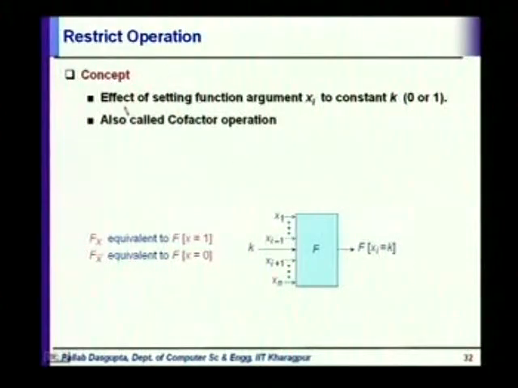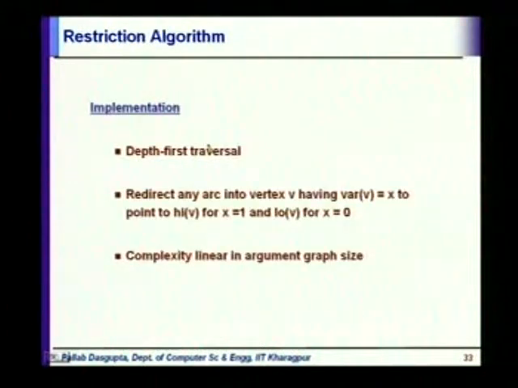And we have the restrict operation where given a function argument and a variable xi which is set to a constant k, which could be 0 or 1, we want to find the reduced BDD after that variable has been substituted with that value. So restriction is, as the name suggests, the substitution of one of the variables in the function with some value. So the restriction algorithm will also work depth first.